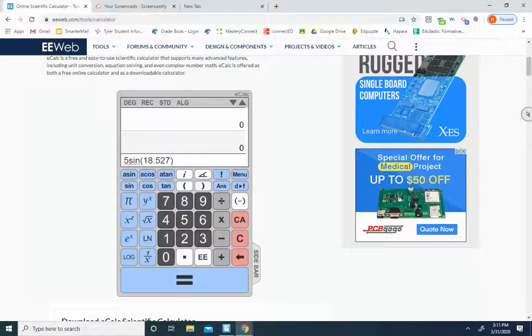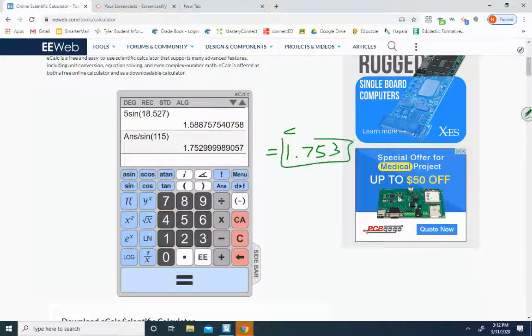And press enter. And then we're going to divide that by sine of 115. Close parentheses. And enter. And we showed that our c is 1.75299, which if you round to 3 decimal places should give you 1.753 as a little c.